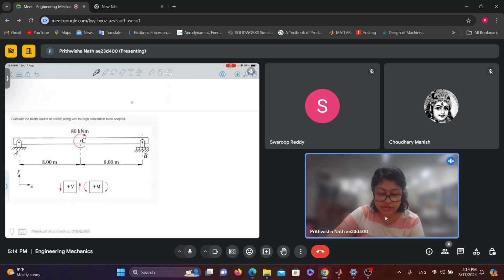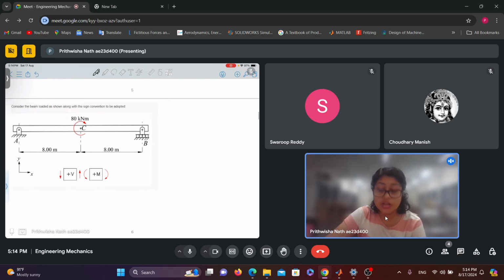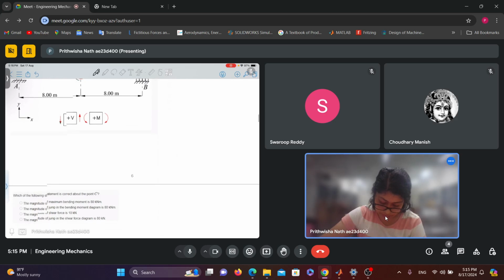Consider the beam loaded as shown along with the sign convention to be adopted. So here a sign convention is mentioned that you should follow. Can you try solving this problem? First you need to draw the free body diagram. Then find the unknown reaction forces at A and B. Then draw the SFD and BMD.